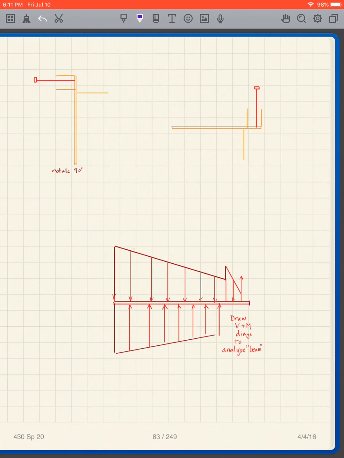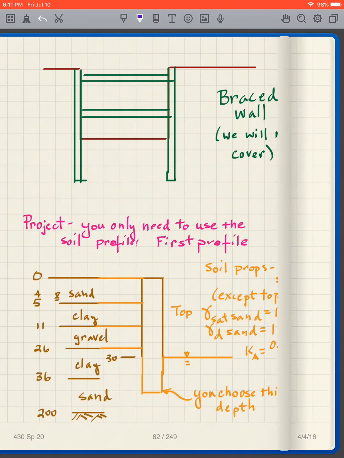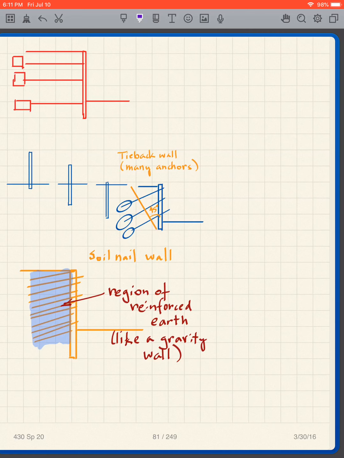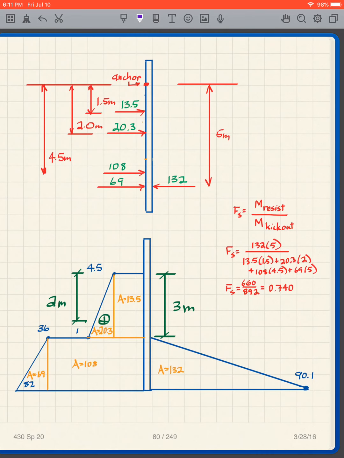Design for the geotechnical engineer is what we looked at before, which is, we designed our wall, and we tried this wall, and that wall had a very low factor of safety. So that's not good enough. So what does the geotechnical engineer do? The geotechnical engineer is going to make the wall longer, typically, or add more anchors or something like that.